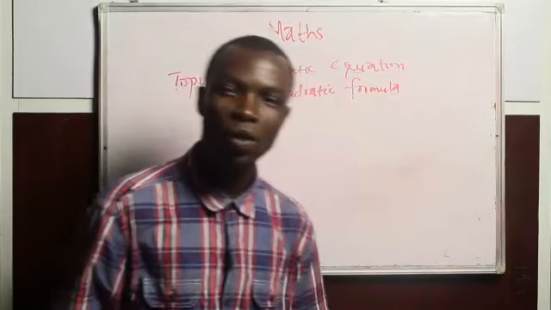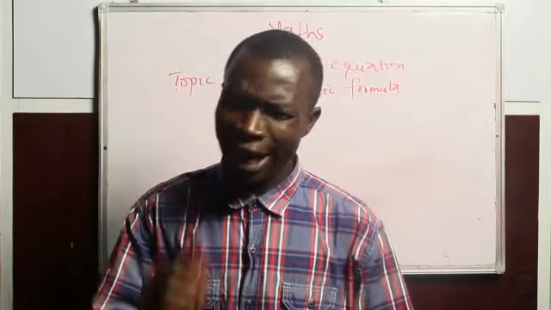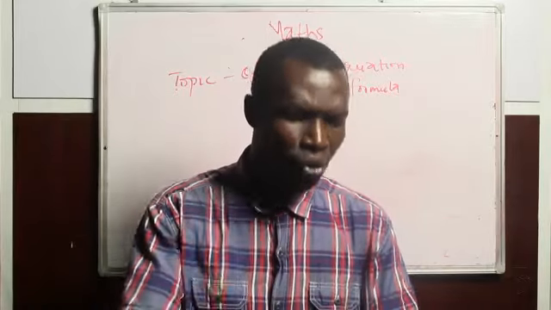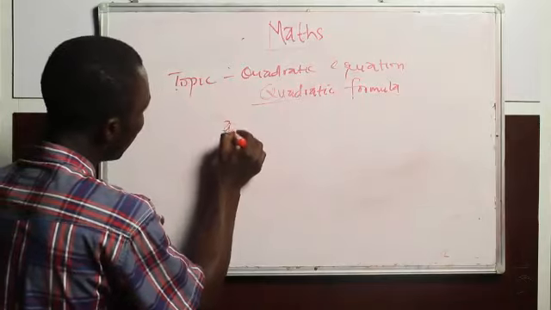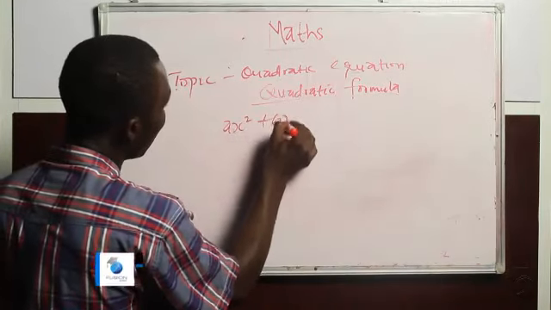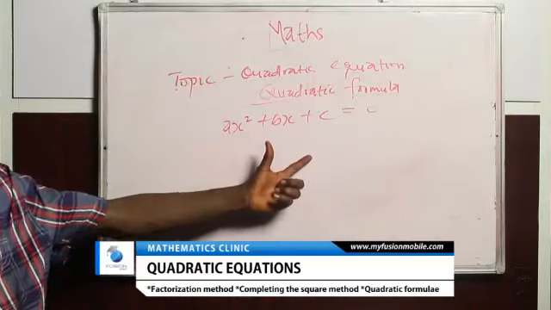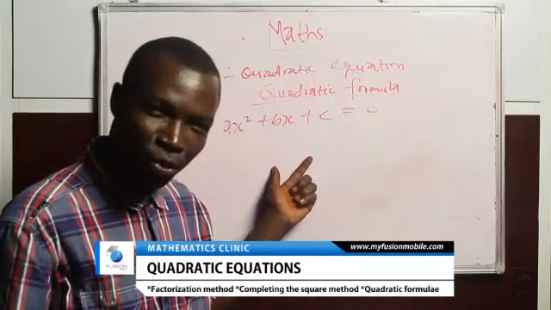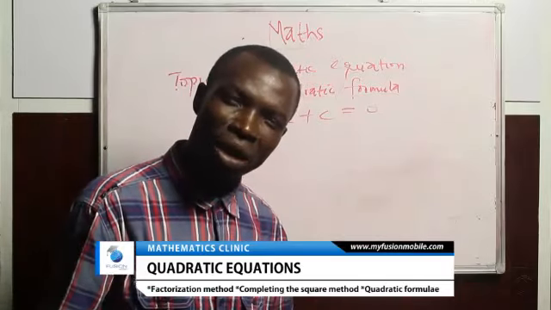Quadratic formula. How do we use quadratic formula to solve a quadratic equation? Let me give you an example of a quadratic equation where we have ax squared plus bx plus c equal to 0. These are expressions that show a quadratic equation. How did this show a quadratic equation?